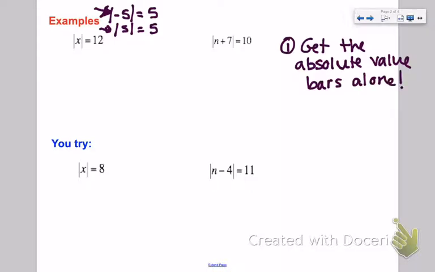So in this first example, the absolute value bars are already alone on that left side of the equation, so we don't need to do step 1 in this case.